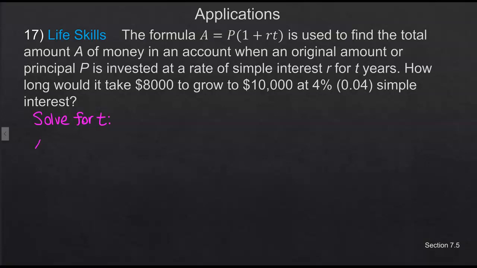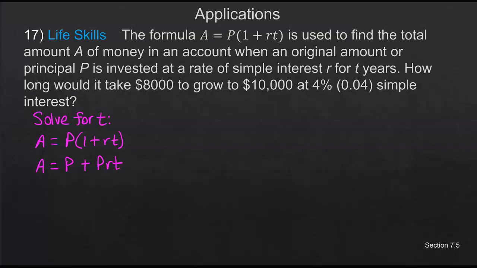So we begin with the formula A equals P times 1 plus rt, and then we're trying to solve it for t. So we're going to work our way through this. Now, there are different ways to go here. I think the easiest way, though, would be to distribute the p. Sometimes some people would start, divide by the 1 plus rt, but it can get a little confusing doing it that way.